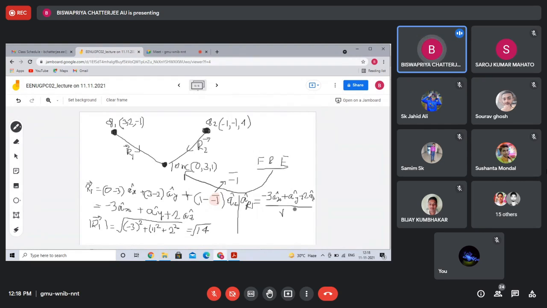So it is the direction itself. Okay, this is AR1 cap. Any doubt? No, sir.